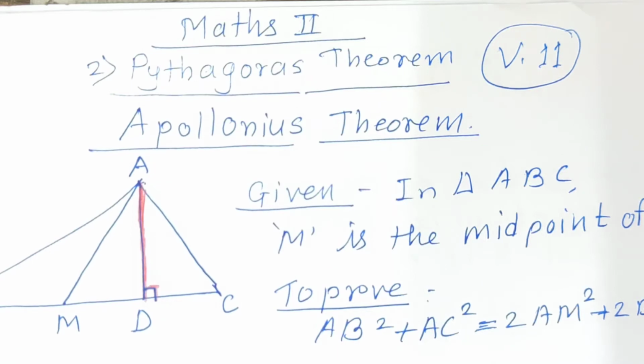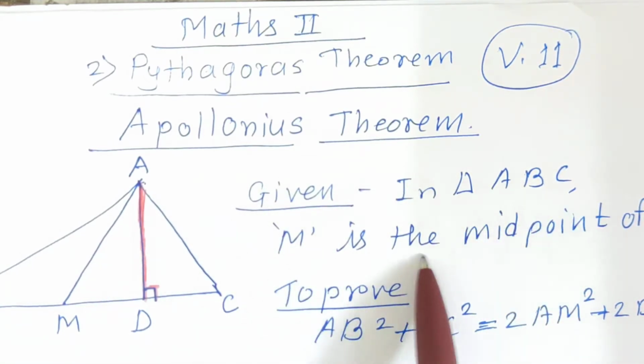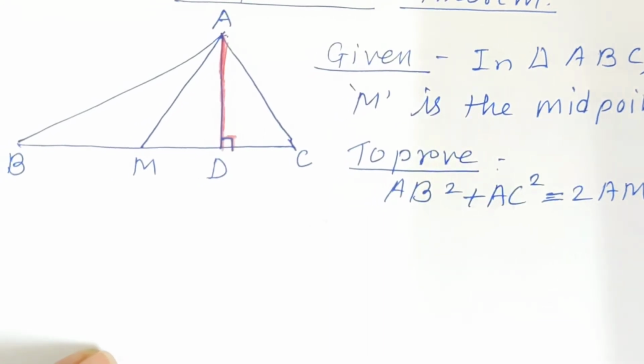Here we do not have a separate statement, but see the diagram is given and what is given here. In triangle ABC, M is the midpoint of BC. So you can see the diagram on the screen, or you keep your textbook open.